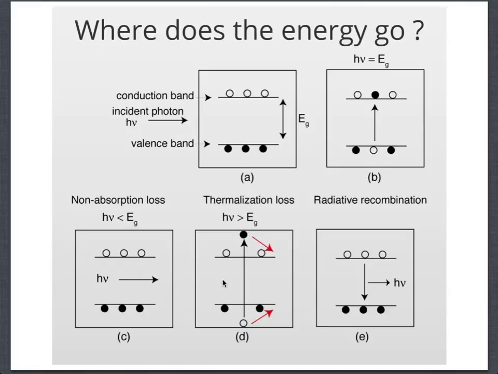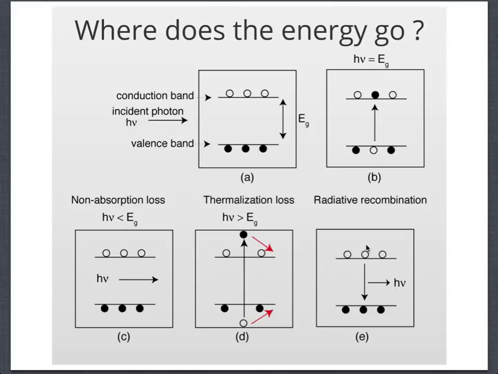It doesn't get absorbed. If the energy of the photon is much higher than the band gap, then it loses the excess energy by a process called thermalization. The excess energy is dissipated as thermal vibration in the lattice, and we can't extract that energy. So it is actually a loss.